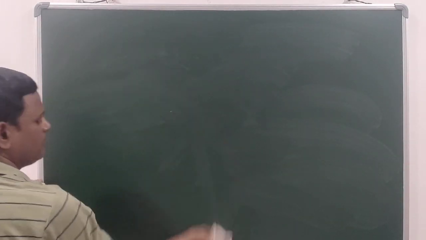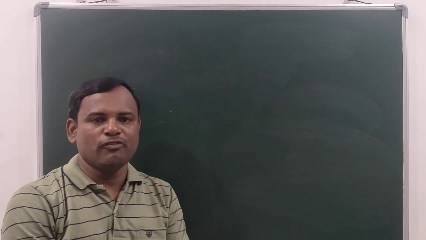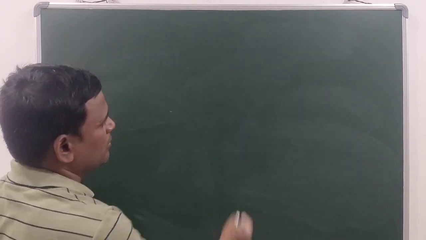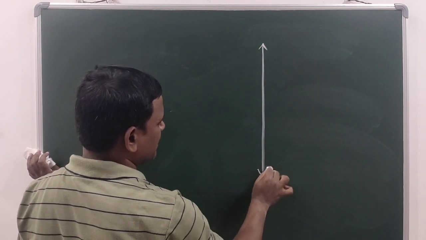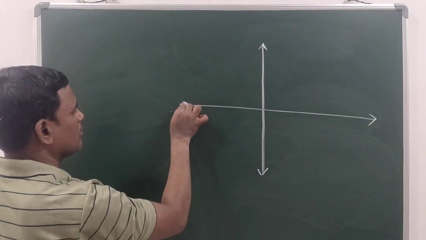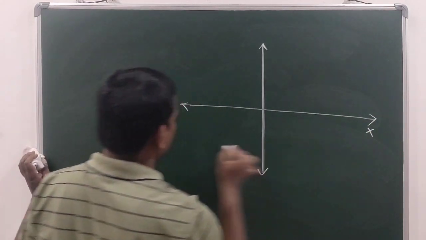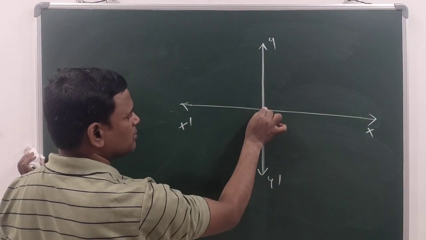See, the next one is known as slope and intercept form of a straight line. Slope and intercept form of a straight line. X dash, y dash. So this is origin.